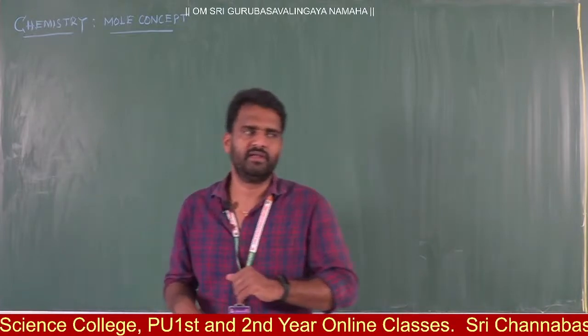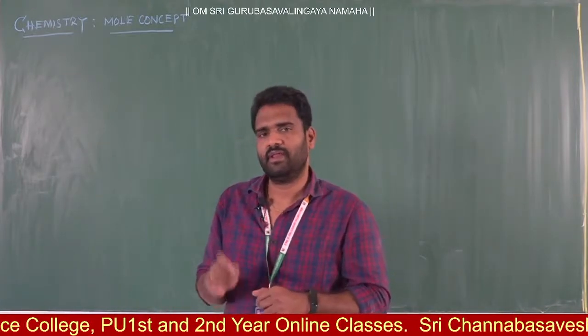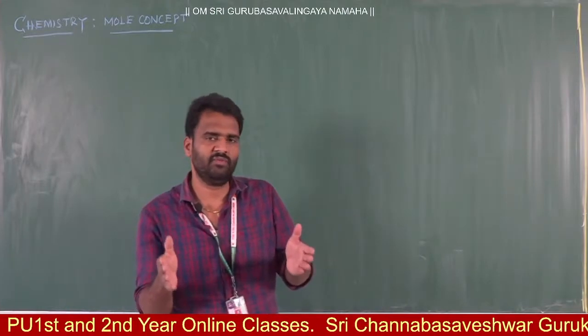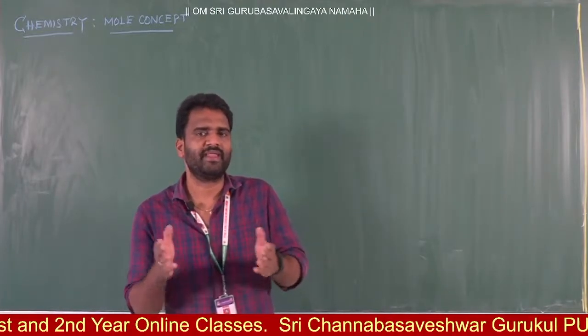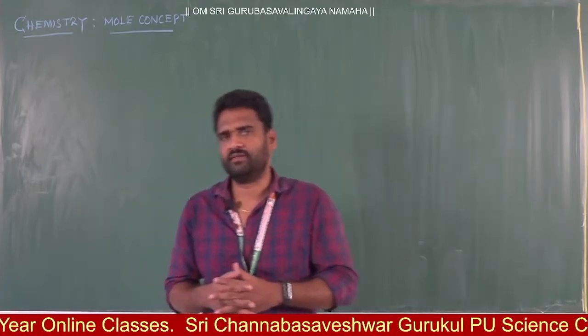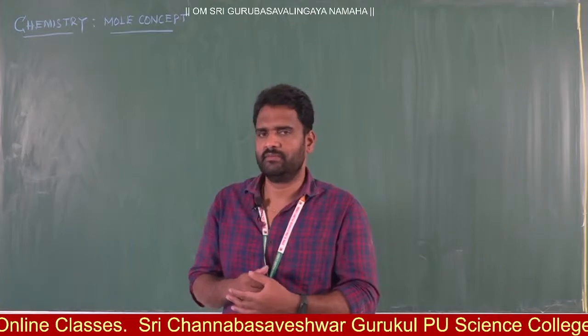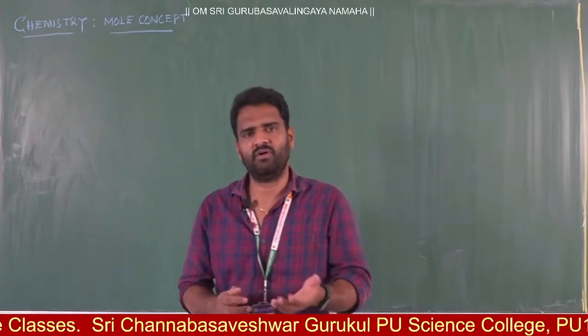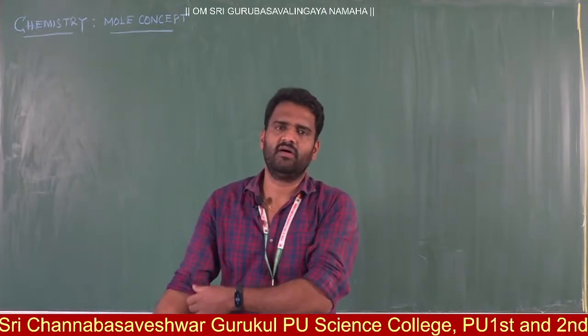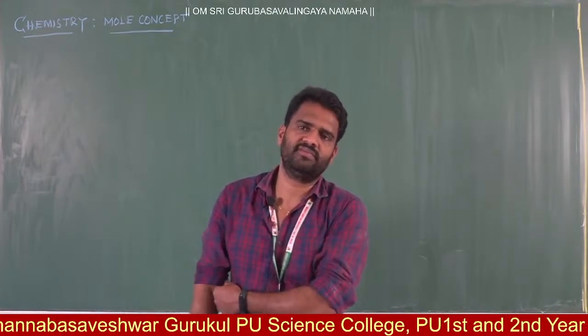The main important classification is the long form of the periodic table. Currently, whatever periodic table we are using is based on electronic configuration. According to the latest classification, physical and chemical properties of the elements are a periodic function of their electronic configurations.